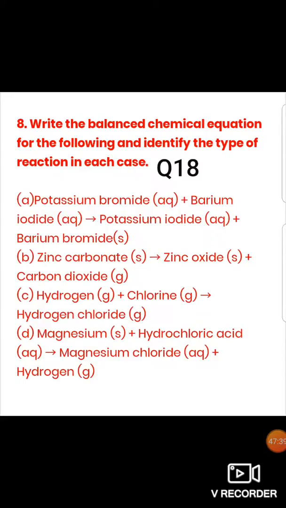Write the balanced chemical equation for the following and identify the type of reaction in each case.